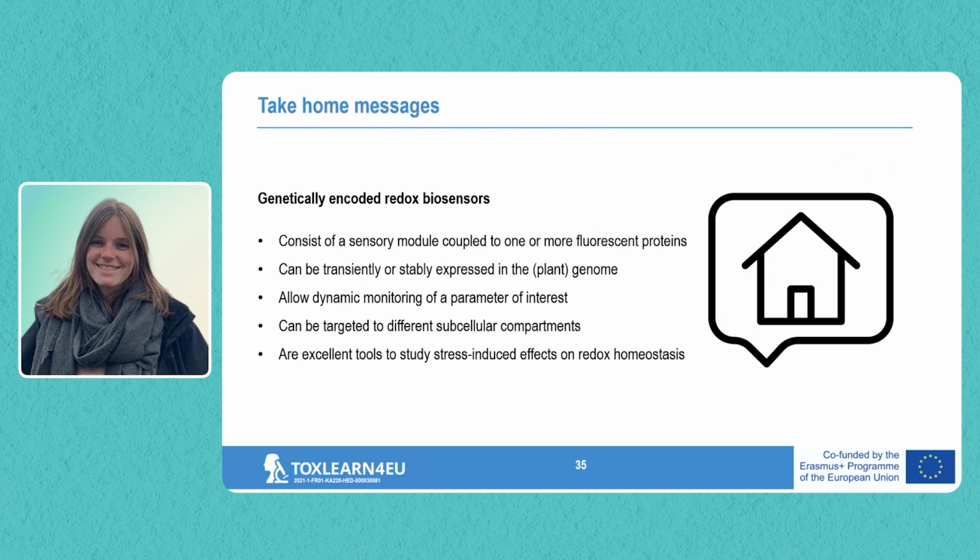And here the dynamic part is super interesting because that's really the big difference compared to the other methods. They can be targeted to different subcellular compartments, which is very interesting if you want to look, for example, specifically at responses in chloroplasts or the ER and so on. And they're, of course, excellent tools to study stress-induced effects on redox homeostasis.